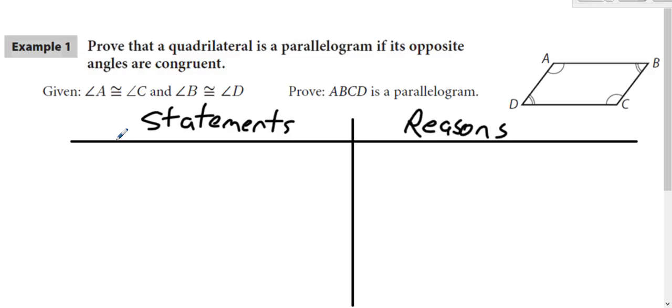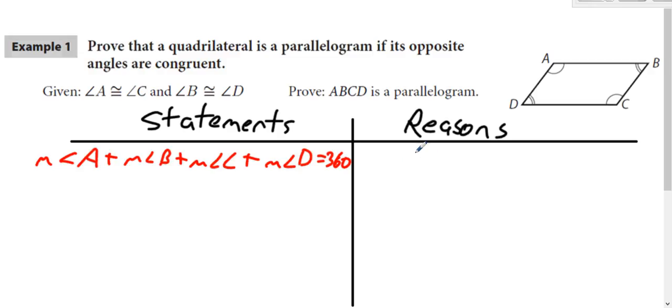And we're going to start with a basic fact that we know about parallelograms, and that is the four angles add to equal 360 degrees. The measure of angle A plus the measure of angle B plus the measure of angle C plus the measure of angle D equals 360.